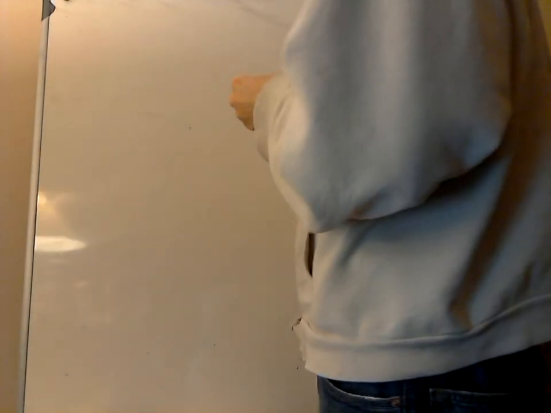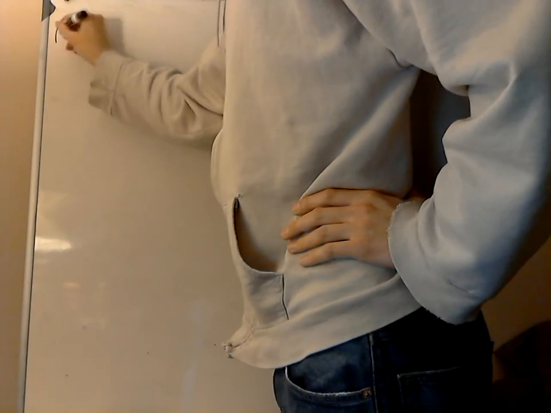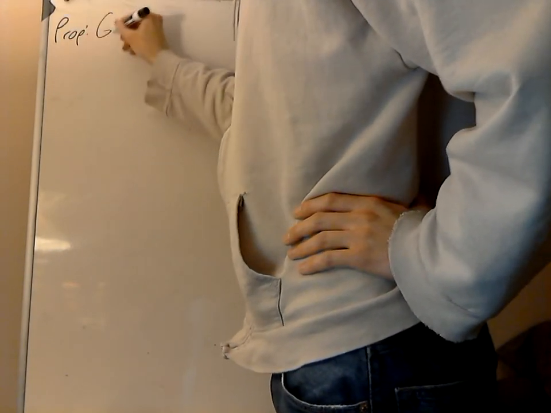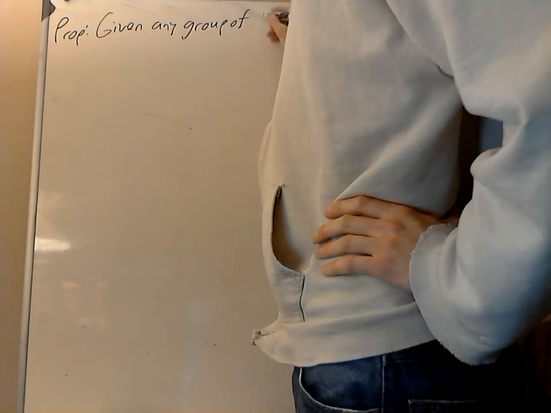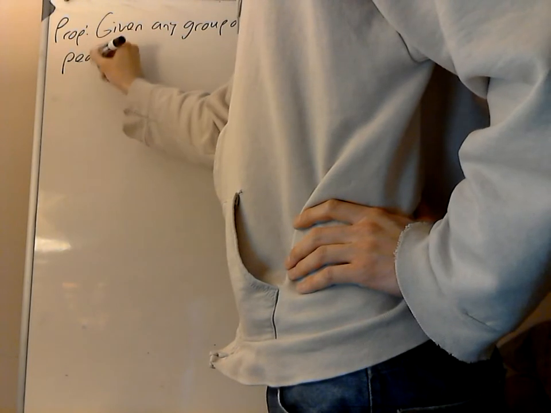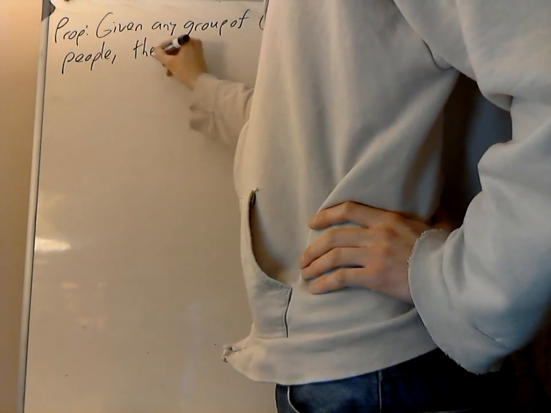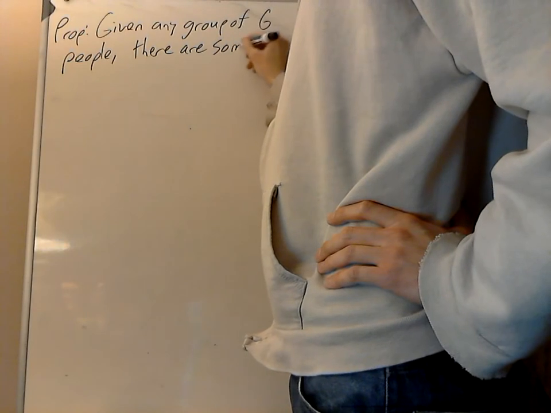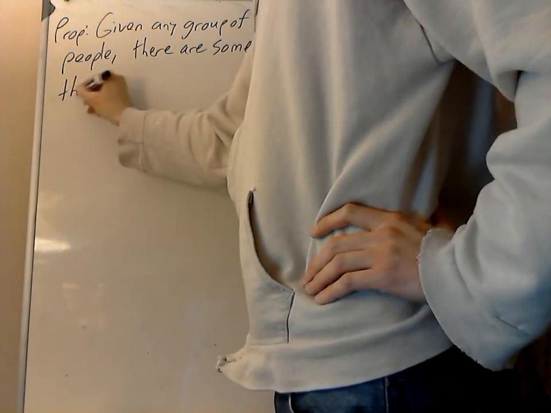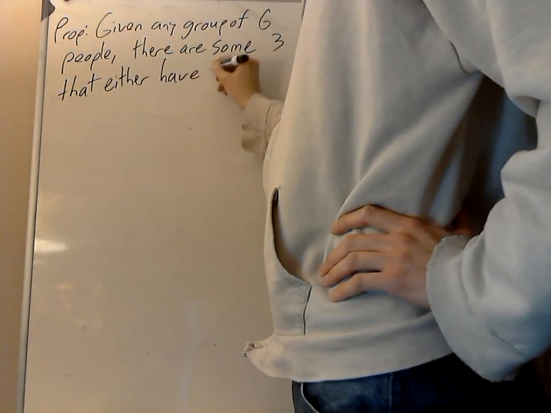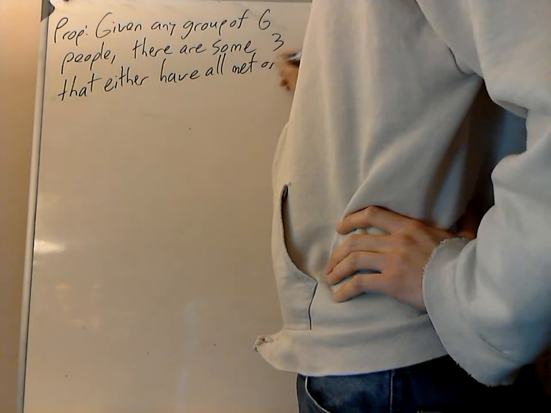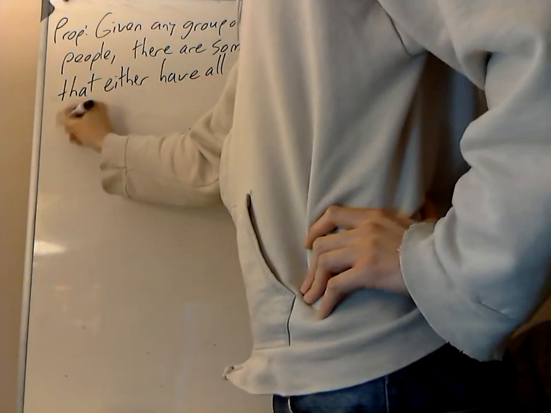We'll give an application of the generalized pigeonhole principle to the following problem. Given any group of 6 people, there are some 3 that either have all met or have all never met.